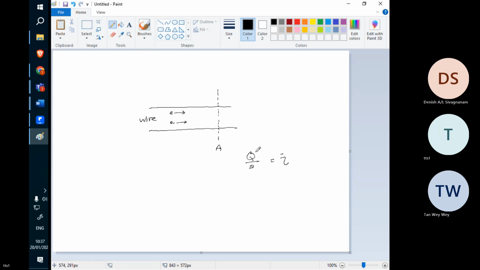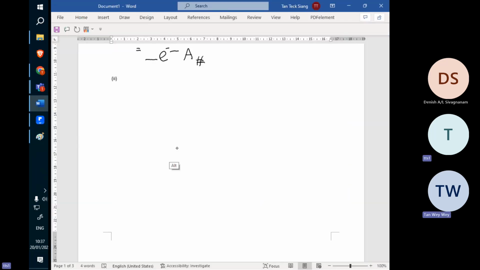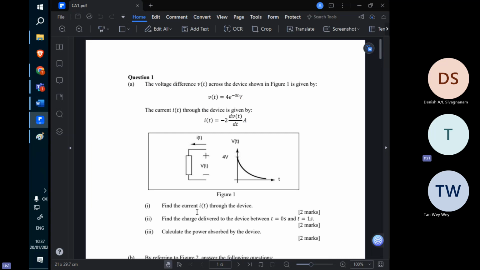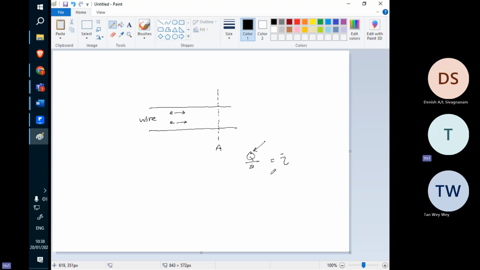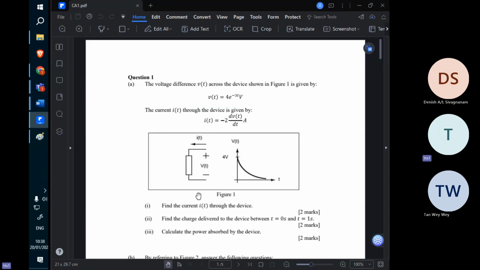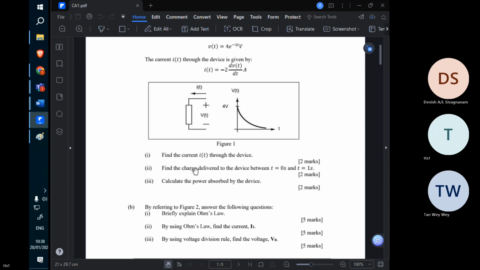You see, we measure the total charge flowing through a certain point in time. Wait a minute. Oh yeah, I'm looking at part 1 again. So let's look at part 2. Find the total charge delivered to the device between 0 to 1.